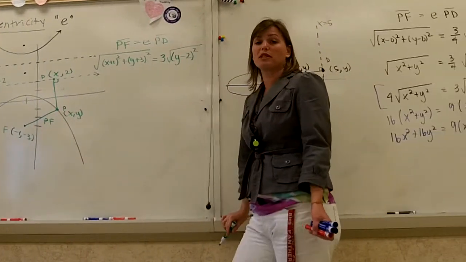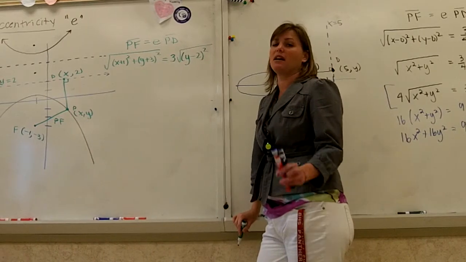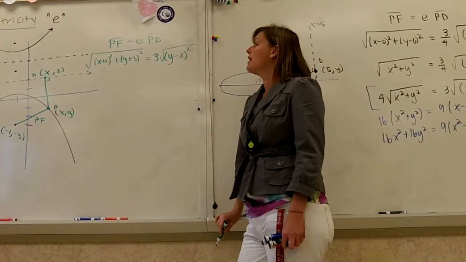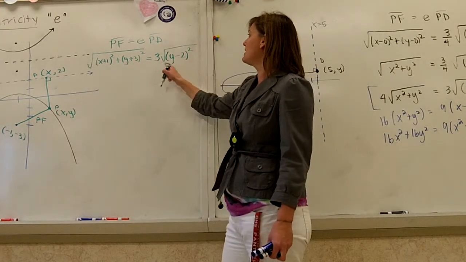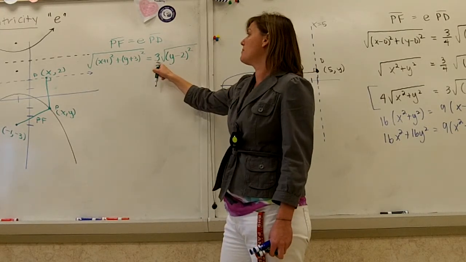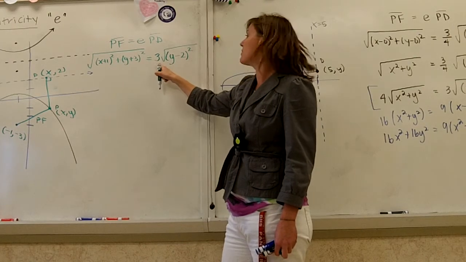It doesn't matter which order you subtract in because you're squaring it, but I always like to write the variables first. Then it becomes a matter of algebra. I square both sides, which gets rid of the square roots, but remember, you have to square the 3 also.